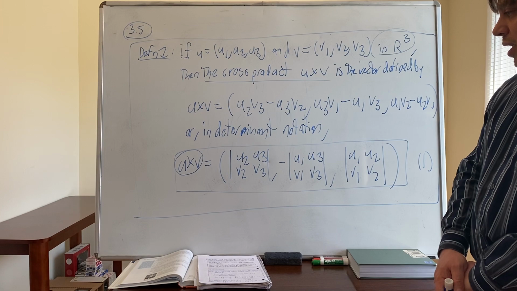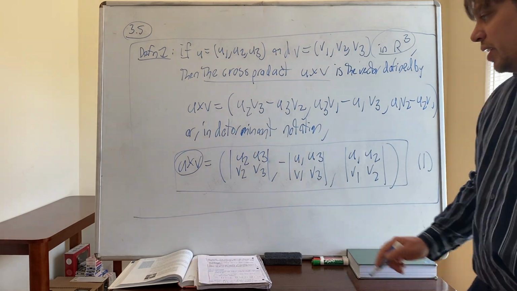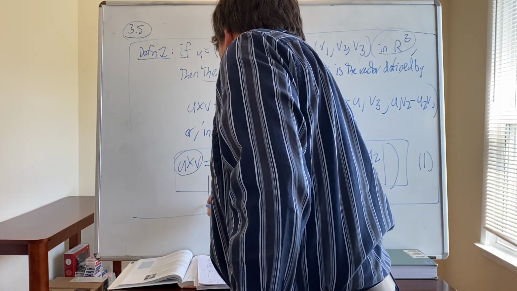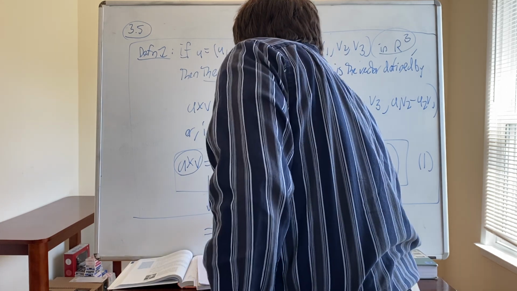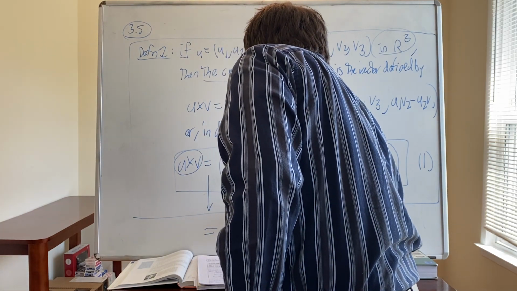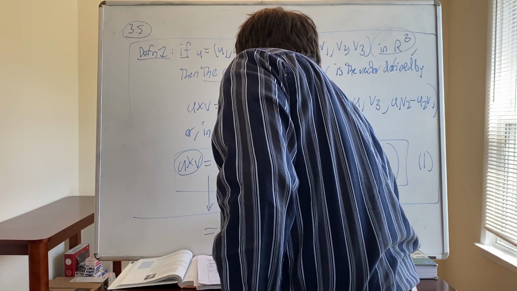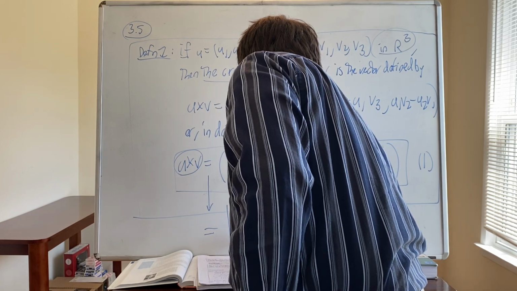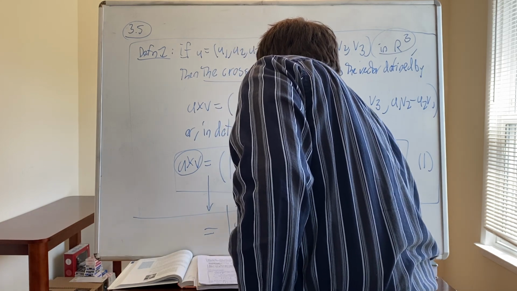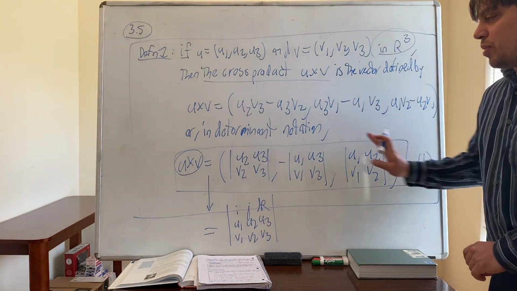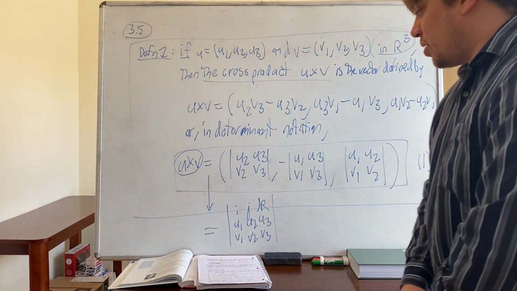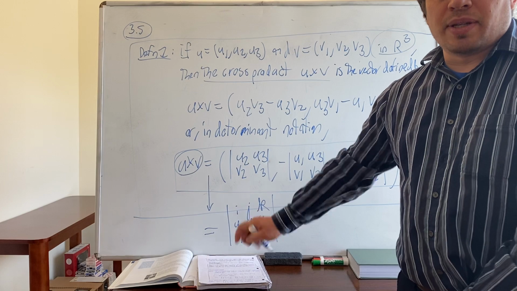Okay? And actually what this expression is, it's just equal to the determinant of the matrix with rows I, J, K; U1, U2, U3; V1, V2, V3. And so memorizing this entire complicated formula can just come down to finding the determinant of that matrix.